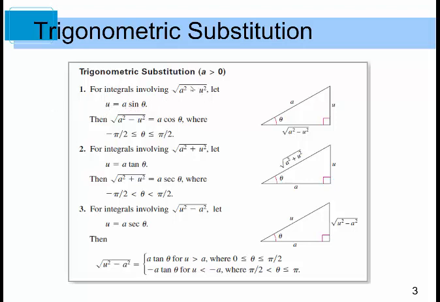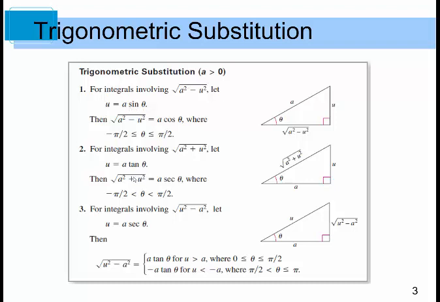You can see we're setting up a right triangle and using SOHCAHTOA: cosine of theta is adjacent over hypotenuse, so the square root of a squared minus u squared over a equals cosine of theta. When it looks like this, we have u equal a sine of theta.